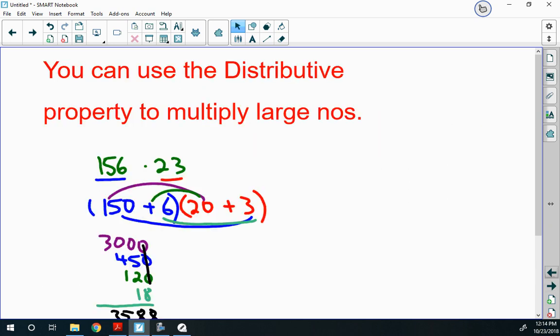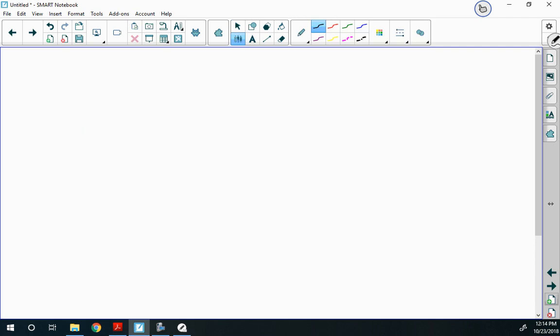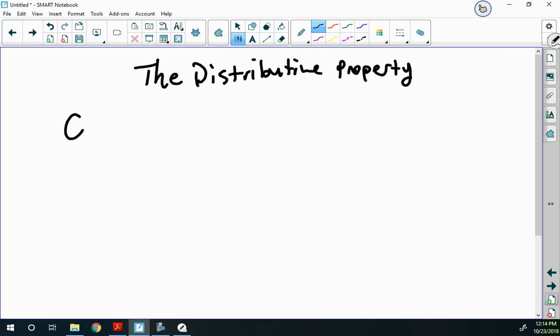And there's one more thing about the distributive property. The distributive property can be used to do the F word.